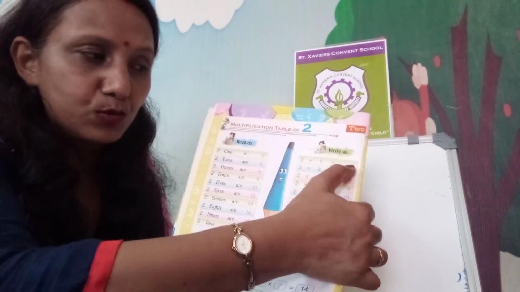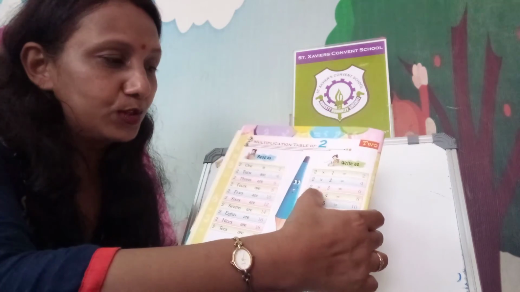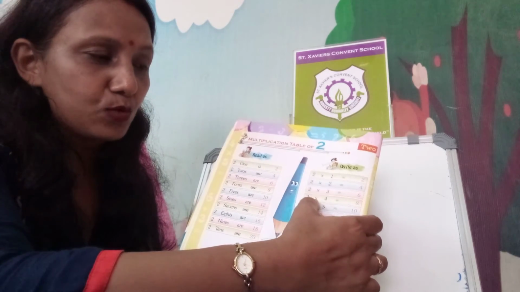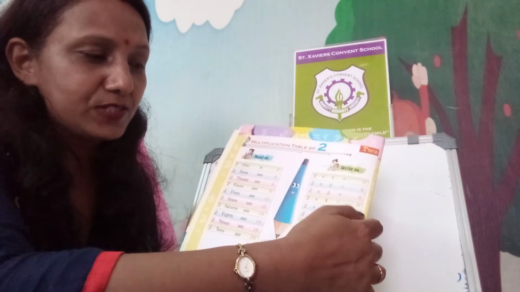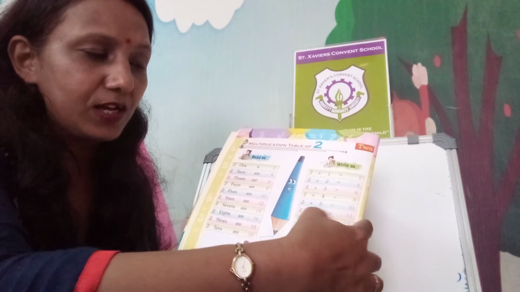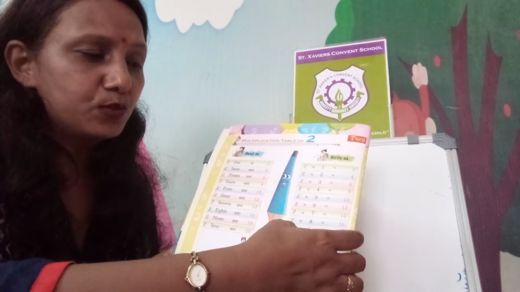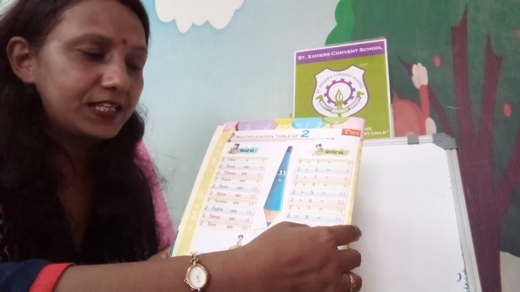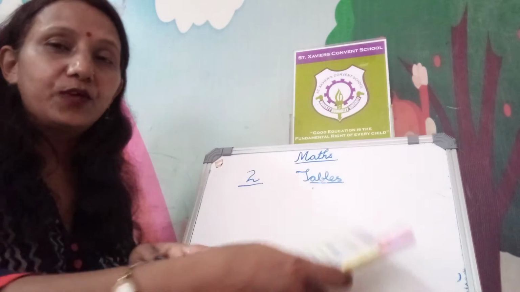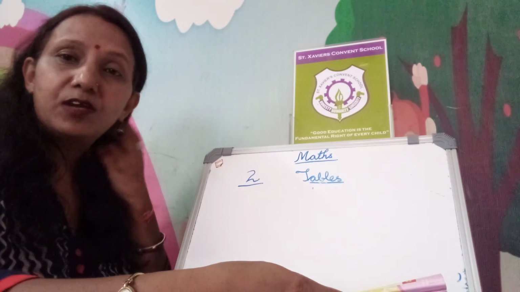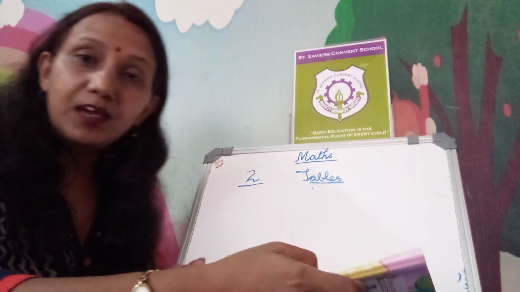2 1s are 2. 2 2s are 4. 2 3s are 6. 2 4s are 8. 2 5s are 10. 2 6s are 12. 2 7s are 14. 2 8s are 16. 2 9s are 18. And 2 10s are 20. Alright, you can just repeat with me also in a singing way.